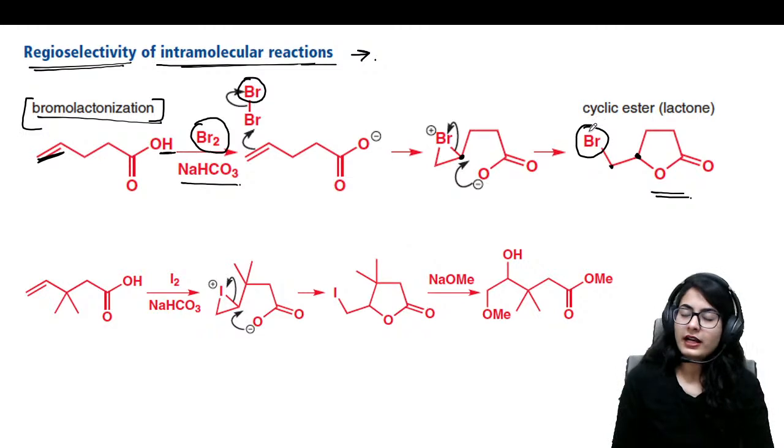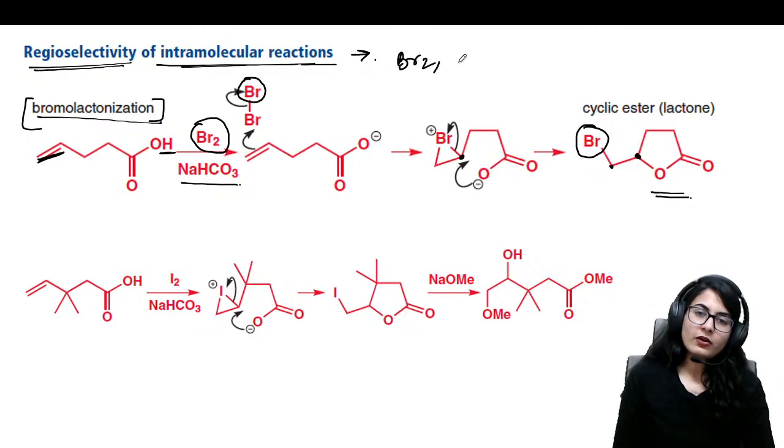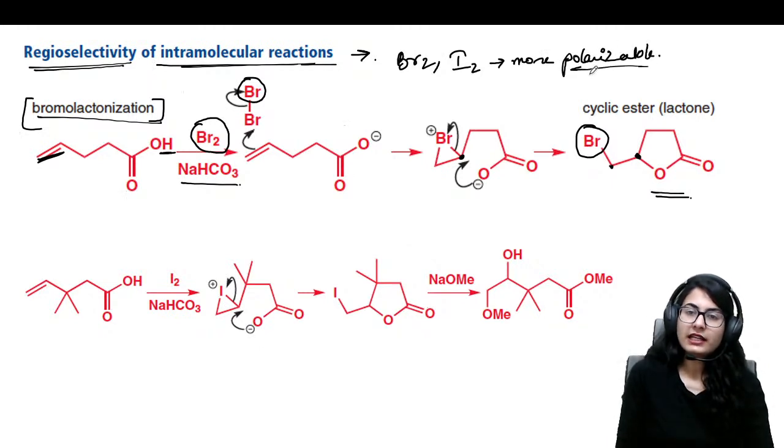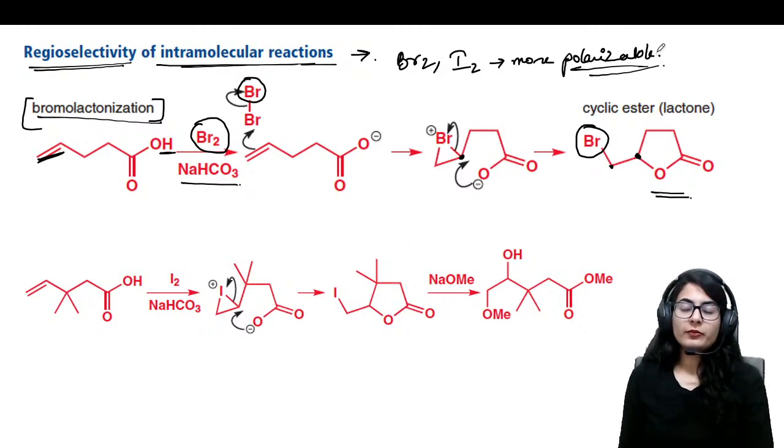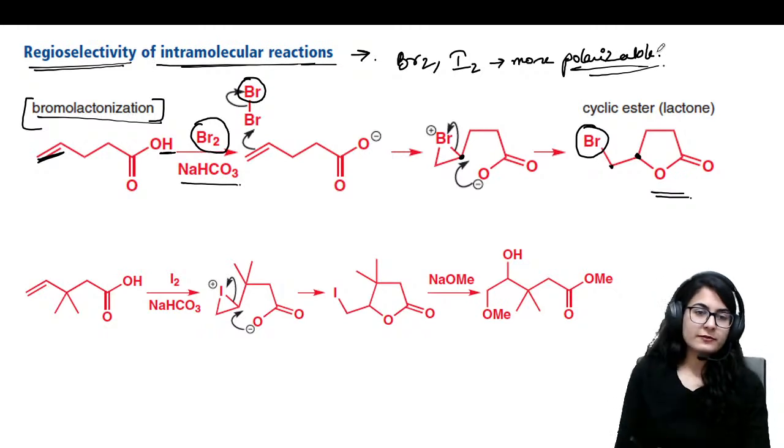Either bromine or iodine or chlorine, whichever halogen you want to take. Yes, why we always take bromine or iodine? Because they are more polarizable. Yeah, that's why. Okay, that's why we take mostly the more polarizable halogens basically.